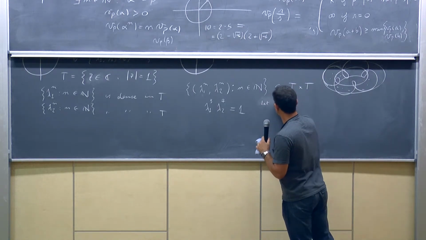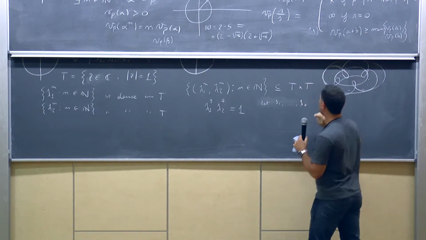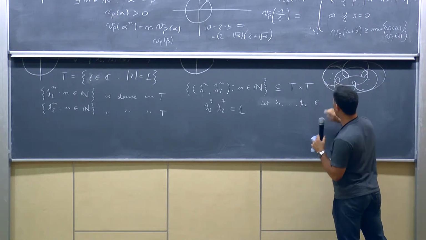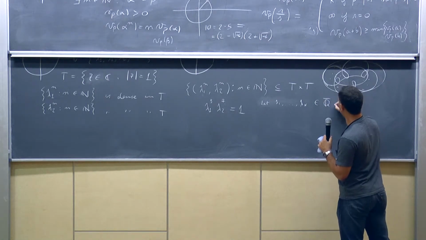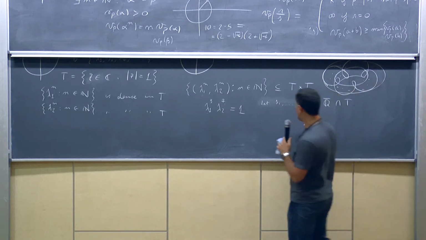So let lambda 1 up to lambda k be algebraic numbers of modulus 1.